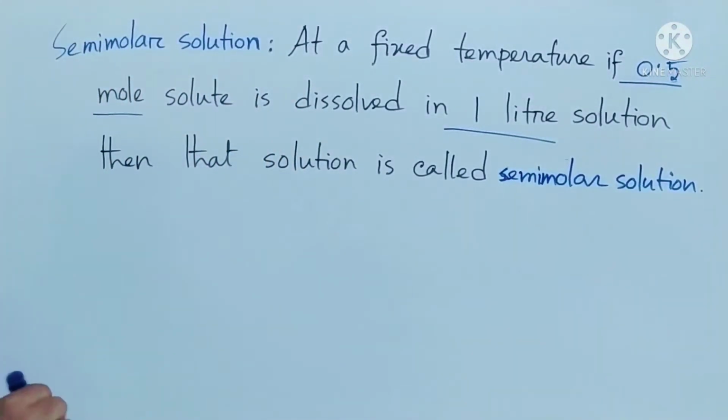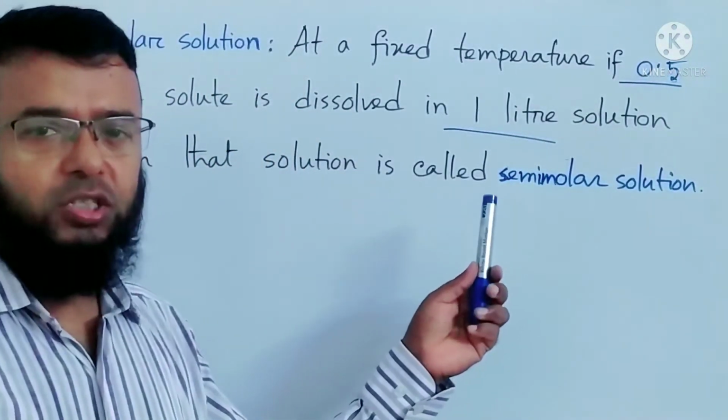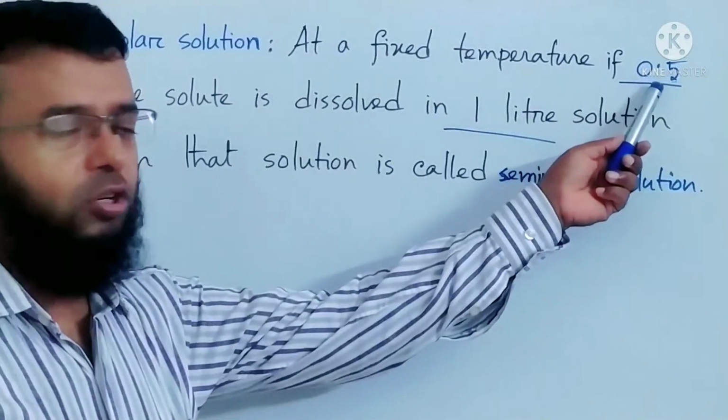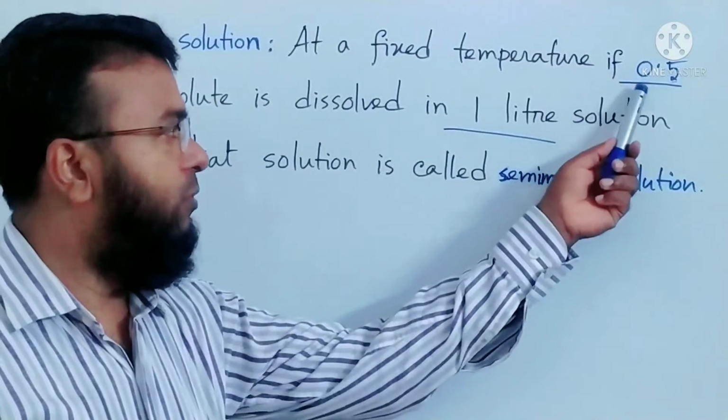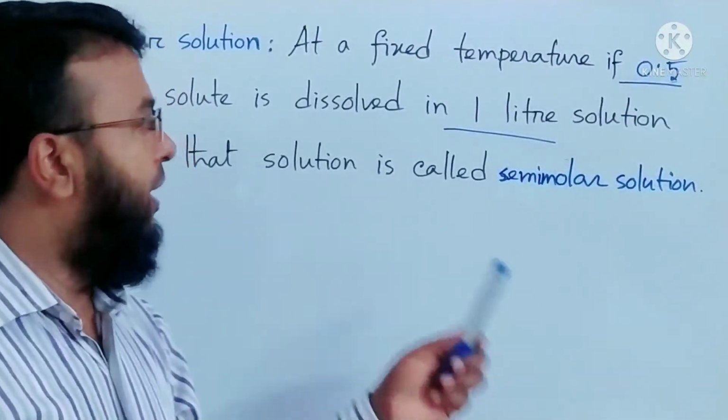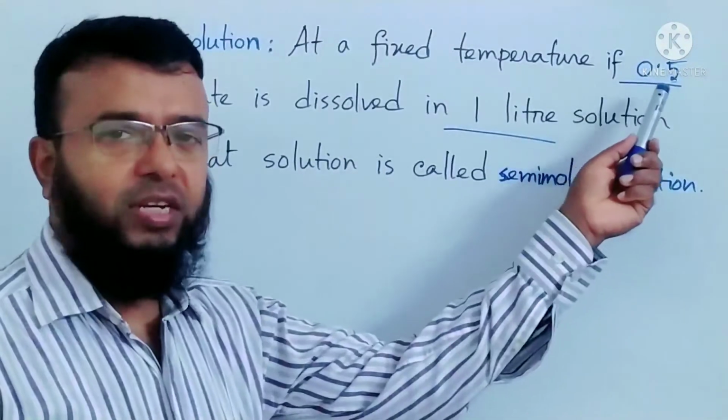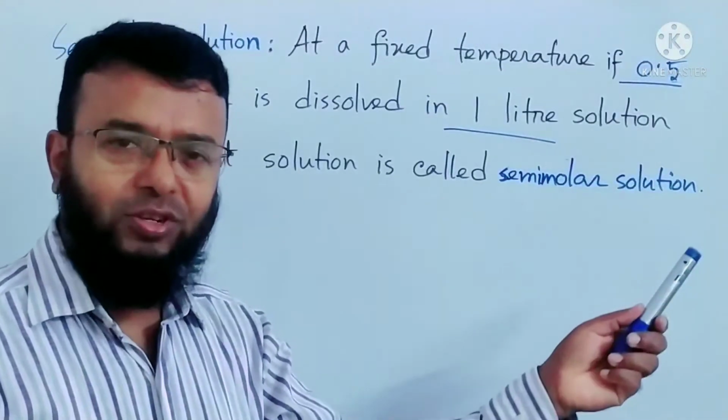So first of all, I have written molar solution, that was 1 mole solute. Then I have written decimolar solution, that was 0.1 mole solute. Then I have written semimolar solution, that is 0.5 mole solute.